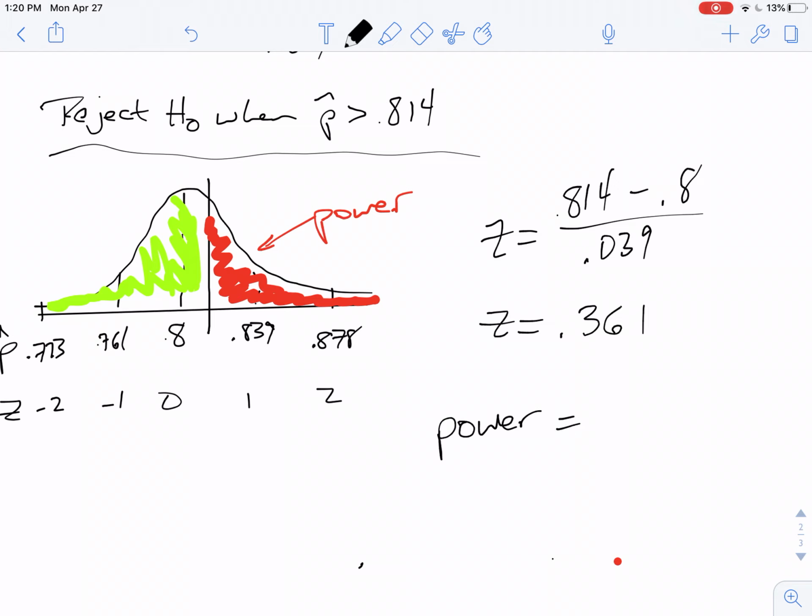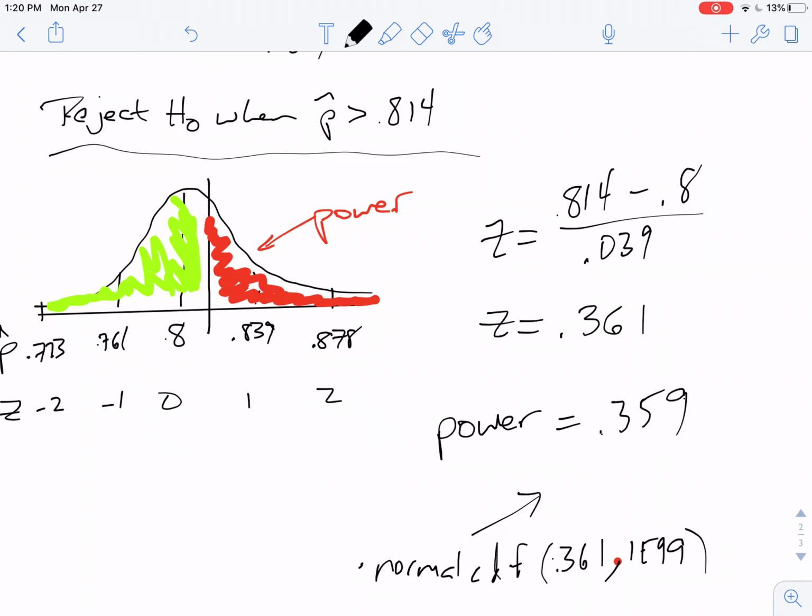So then what I can do is I can use normal CDF, and my lower boundary is that z-score. My upper boundary, I like to use 1E99 for a large value. If I put that into my calculator, that is 0.359.